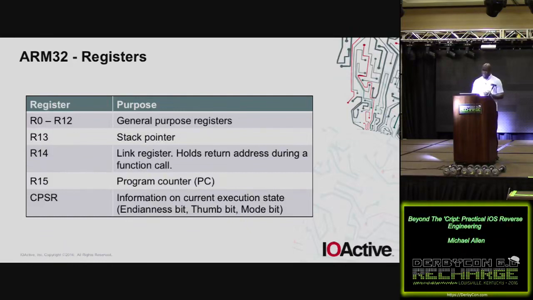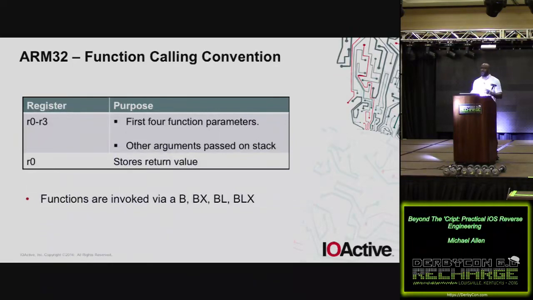What is important, though, is to understand how functions are invoked and how parameters are passed to functions. R0 to R3 hold the first four function parameters, and the return value is usually stored in the stack. Functions are invoked using branch and exchange, where branch and exchange means you're going between ARM and Thumb mode. Branch and link, where the return address is stored in the link register. Branch, link, and exchange is a combination of all three.